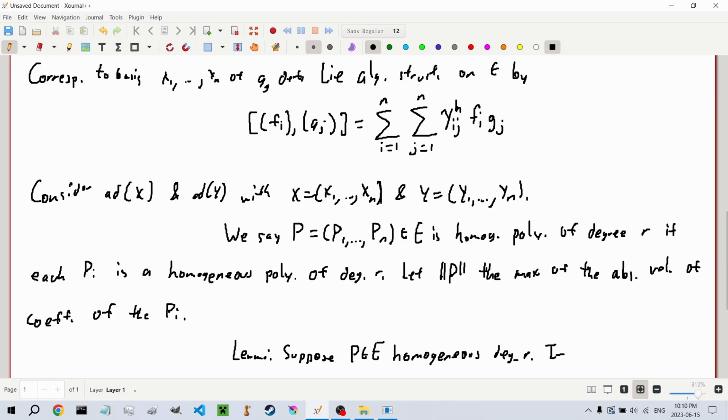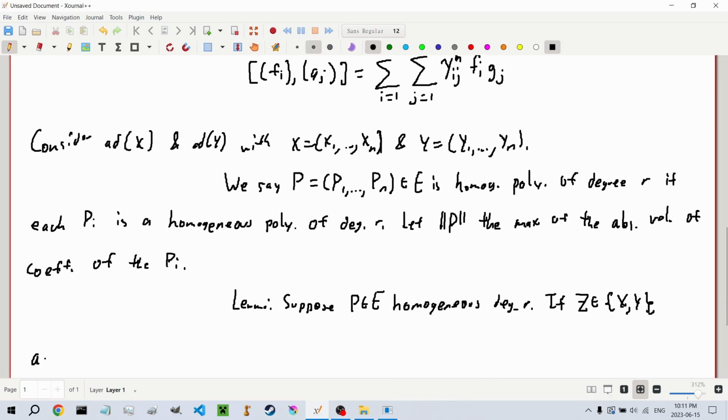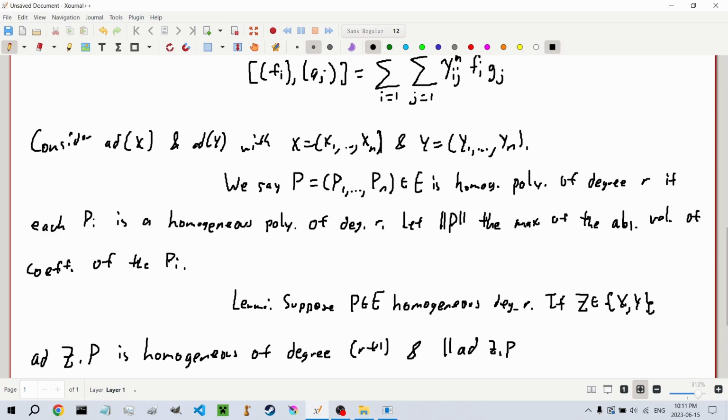Then if z is x or y, the adjoint of z on P is homogeneous of degree r plus 1, and we have that the absolute value of the adjoint of z on P is at most n squared gamma times the absolute value of P.